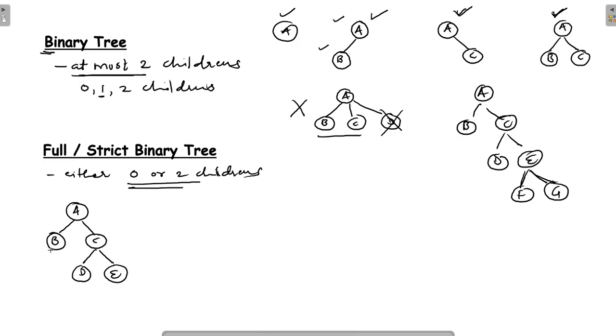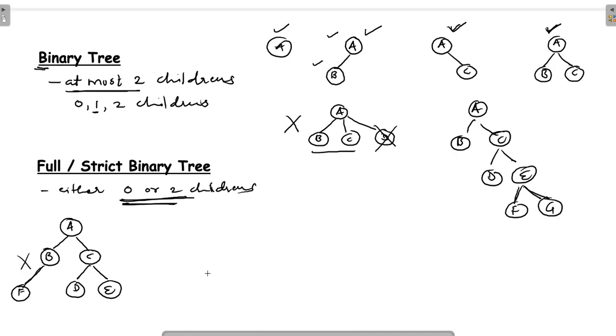But if I draw a child to B only on the left, this is a binary tree but not a strict binary tree. Why? Because B has only one child, which is not allowed in a strict binary tree. So in this case it is not a strict or full binary tree.